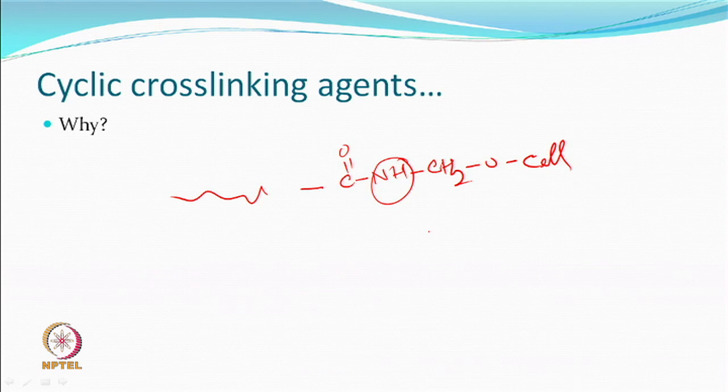Nitrogen has a lot of lone pair of electrons, so this can easily get replaced by, if you have a bleaching solution somewhere, it will become NCl instead of NH, and whenever you do ironing or any other such thing, HCl can come out and then degrade and yellow the fabric. So, this was called a chlorine retention problem. Whenever you have a labile hydrogen on nitrogen, you may have a chlorine retention problem, and cyclic compounds therefore do not have such issues. And so, a good number of such agents have been used.